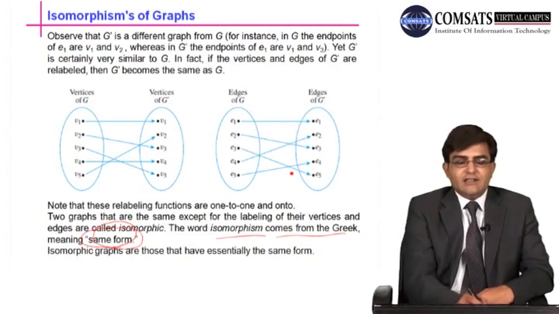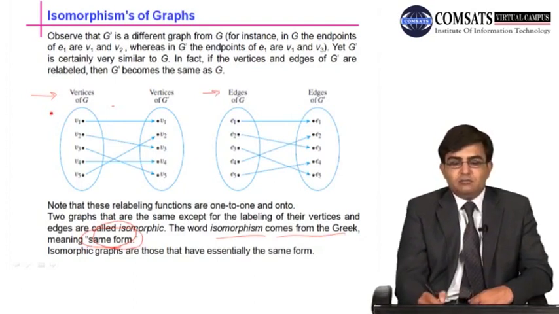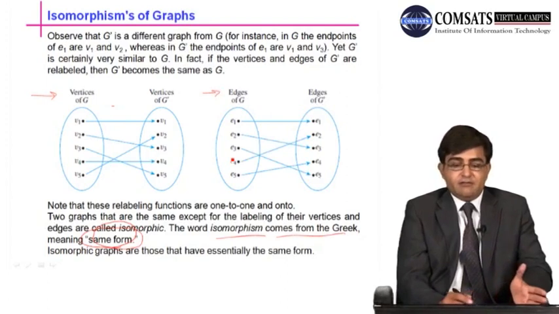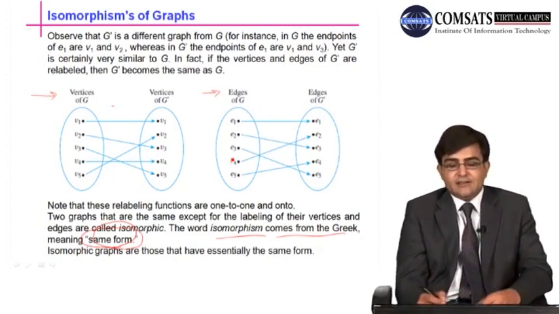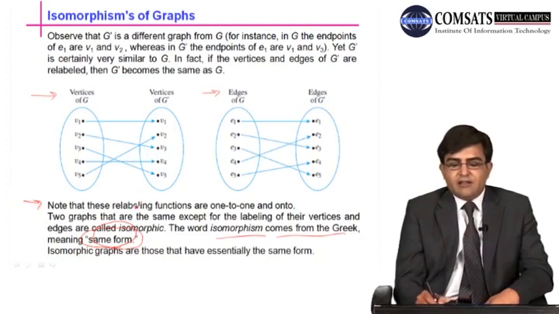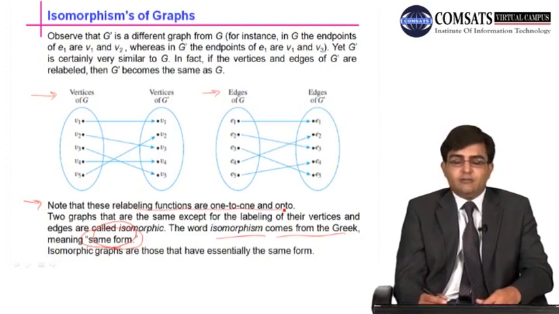And you can note that these relabeling functions are both one-to-one and onto. That is, there is a one-to-one correspondence between the vertices and edges of G and G dash. We have studied in detail what one-to-one and onto functions are when we studied functions.